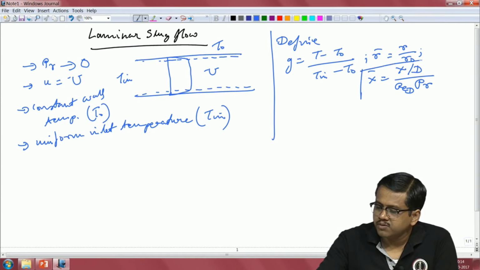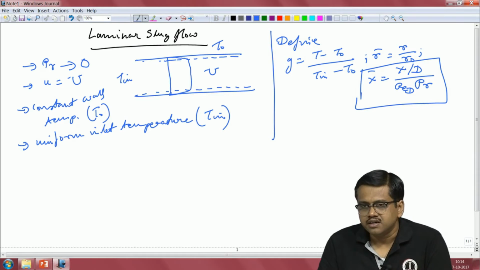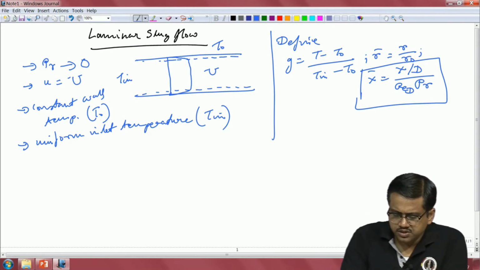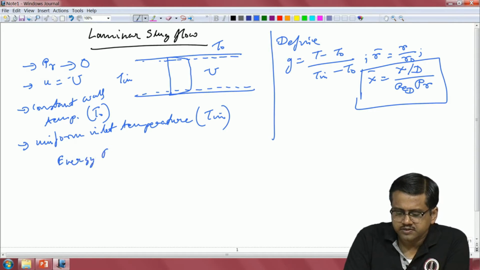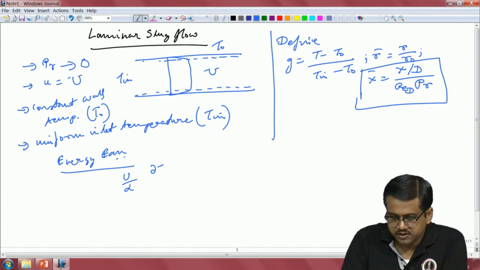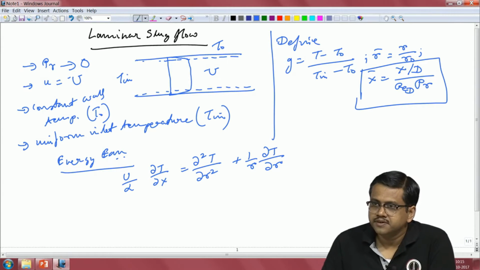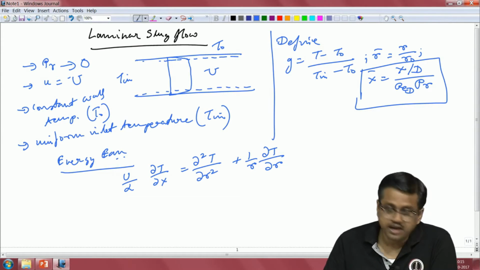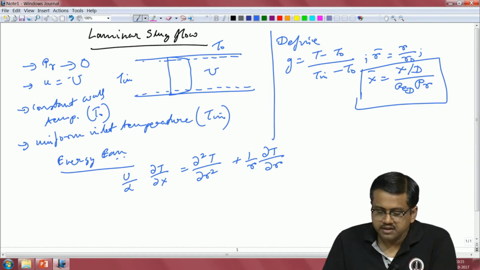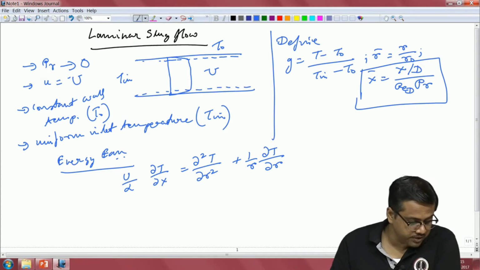Remember that we got from our entrance length analysis that X bar is equal to X by D times Reynolds number times Prandtl number. So the energy equation will be u by alpha dT by dx, right. That is the standard energy equation that we had. Of course, here we are putting u as the velocity instead of the fully developed velocity profile that you had earlier.